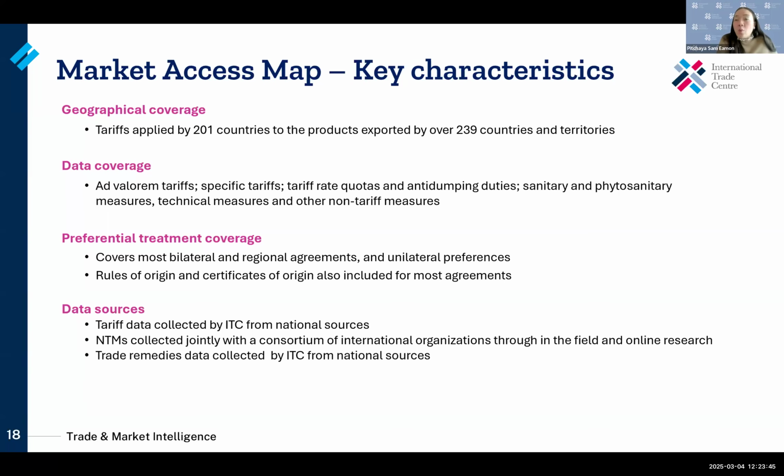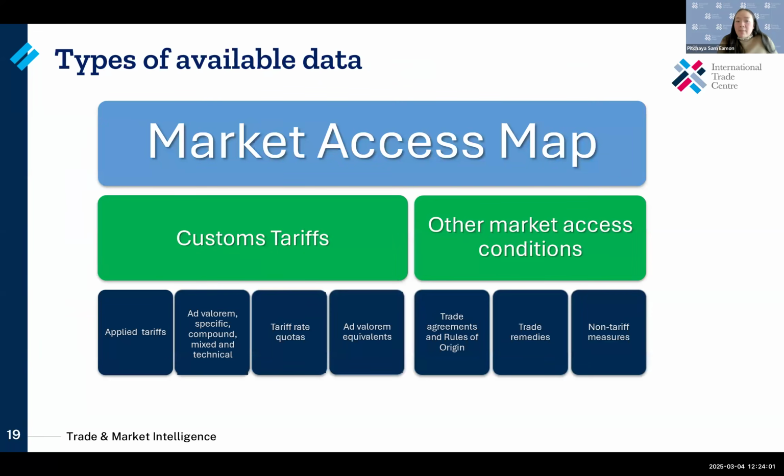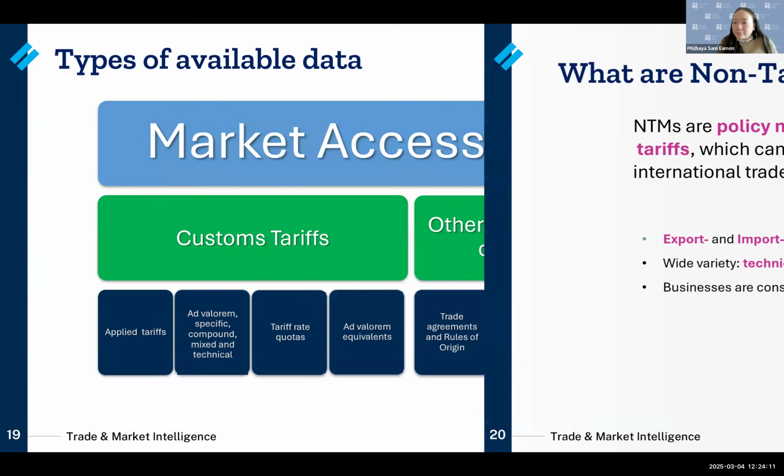We also work with other international organizations like the African Development Bank and UNCTAD to cover the non-tariff measures in different countries. We divide the work and conquer together. Now, to put it simply, Market Access Map covers both tariffs and other market access conditions. All these instruments are covered by Market Access Map. We'll see it online together.